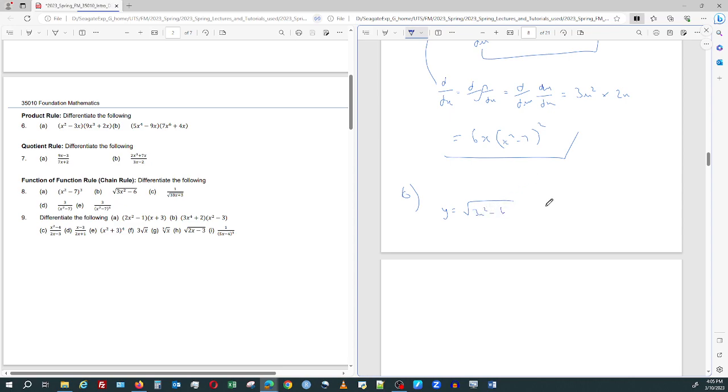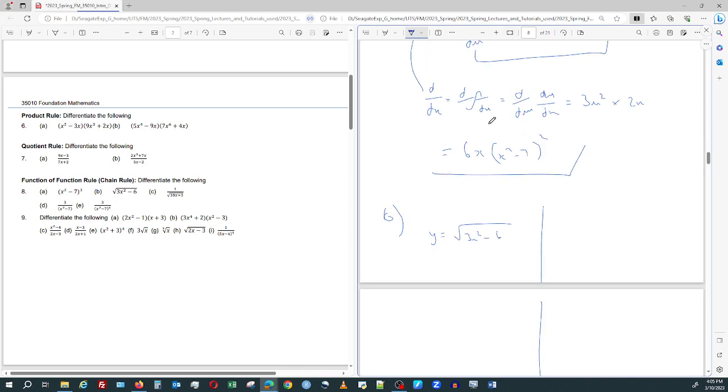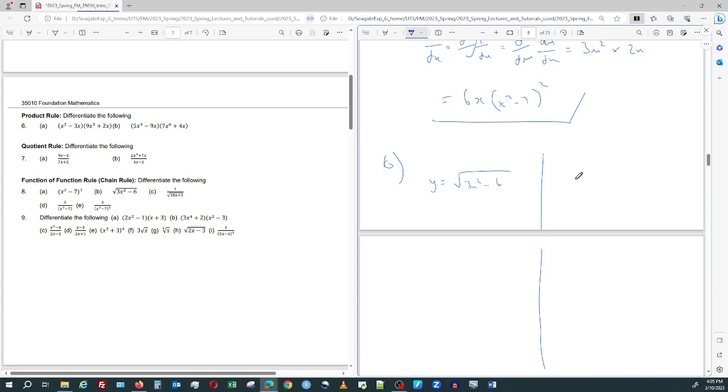Any of you would breathe a sigh of relief. Okay, let's just make that bigger. And over here we're going to say straight off d dx of the square root, that's more like the question on the sheet.